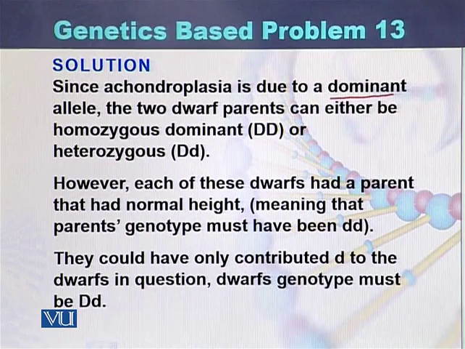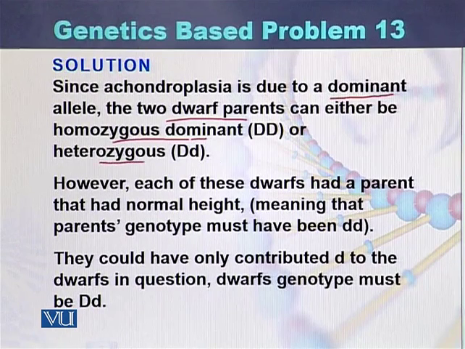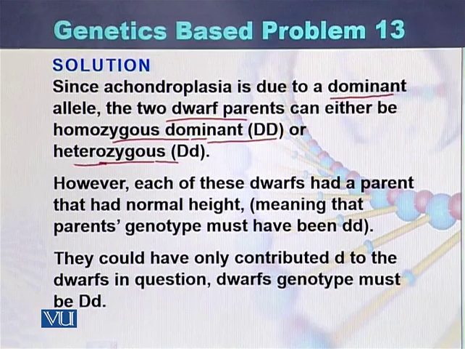So two dwarf parents can either be homozygous dominant or heterozygous dominant. First we have to identify which they are.